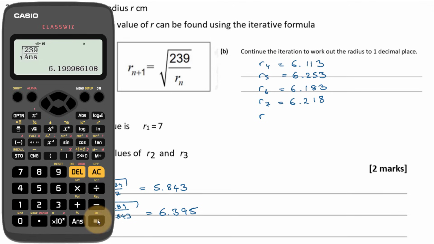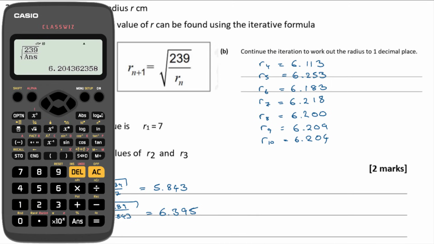Next one, R8 equals 6.200. R9 equals 6.209. And R10 is equal to 6.204. It seems to have settled now, doesn't it? So the last digit is still kind of resolving itself.